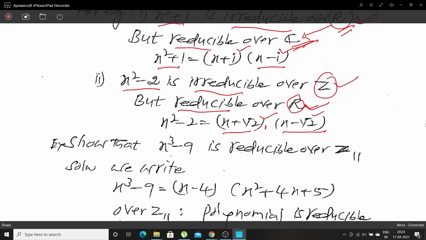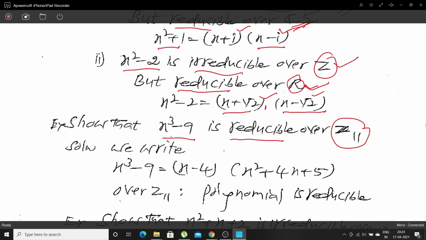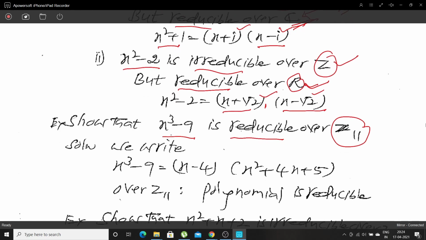Let me take an example. Show that x cube minus 9 is reducible over integers modulo 11. Okay, using the synthetic division method, you know the synthetic division method.